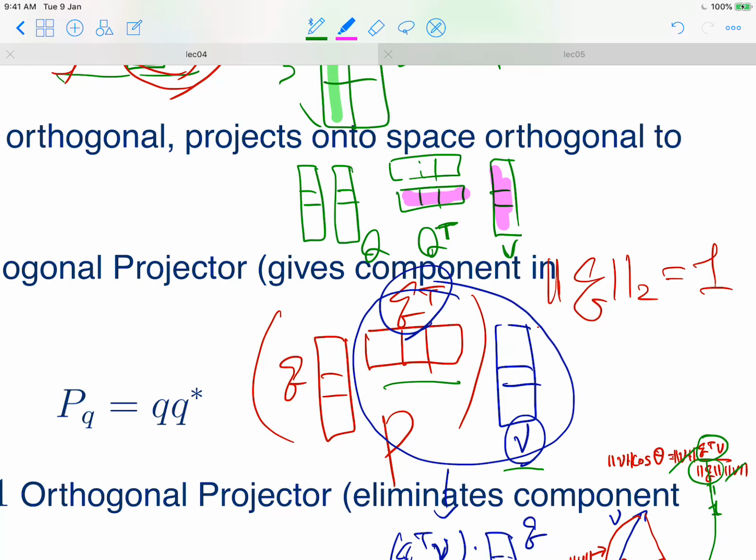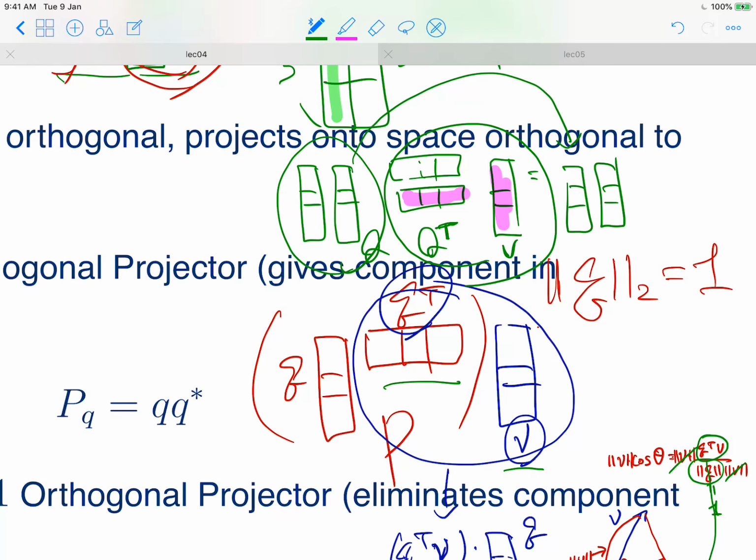And we bring this as it is, and that is still Q. This part, Q transpose V, is now the inner product with each of our orthonormal vectors, right?